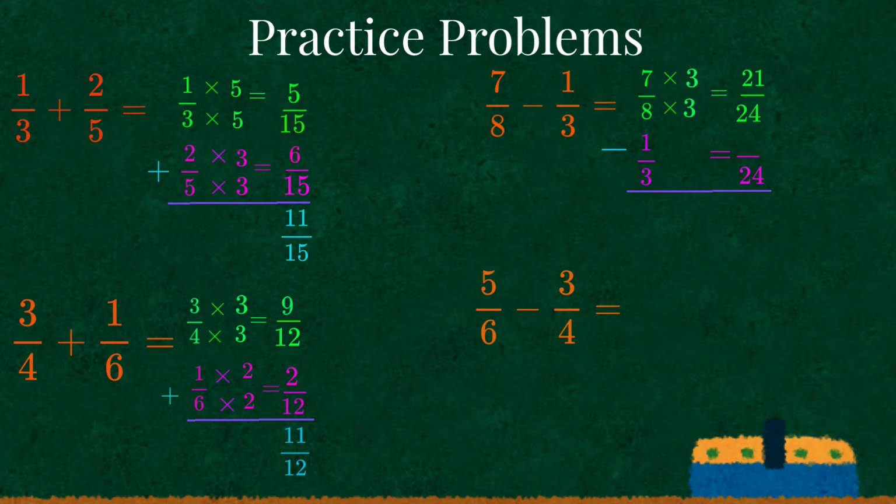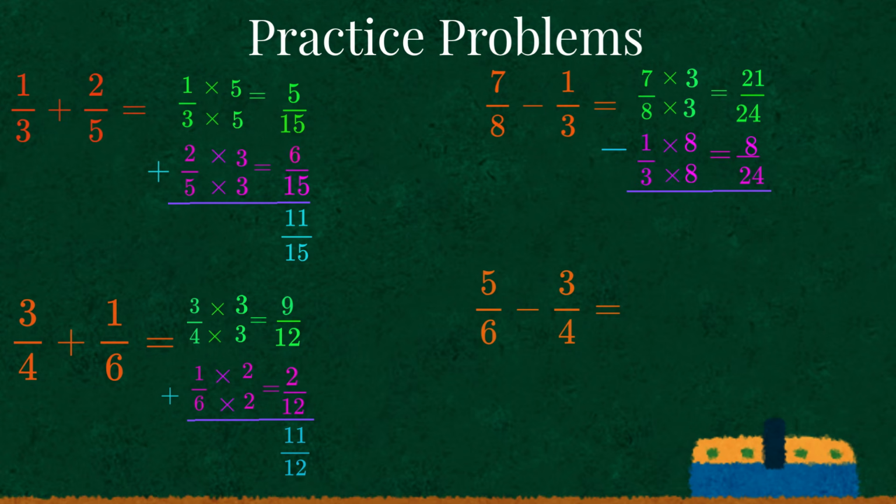Now I'm going to do the same thing with 1/3. 3 times what number gives me 24? 3 times 8 gives me 24. Now I must multiply my numerator by 8 as well. 1 times 8 is 8. So that fraction becomes 8 over 24.